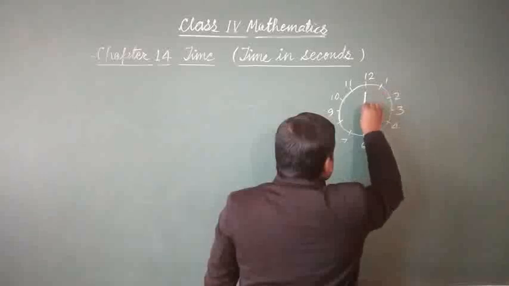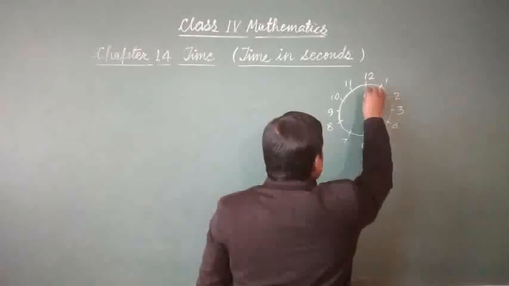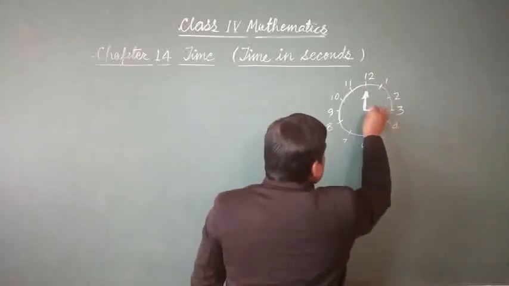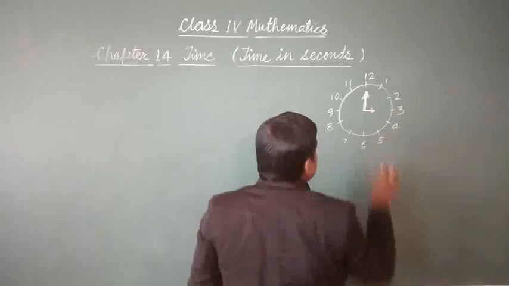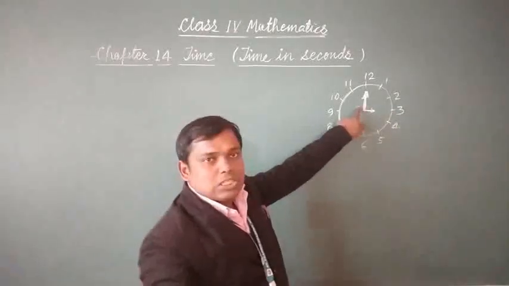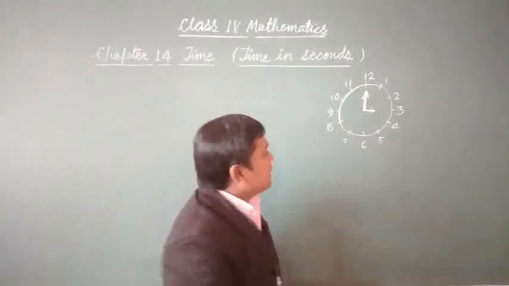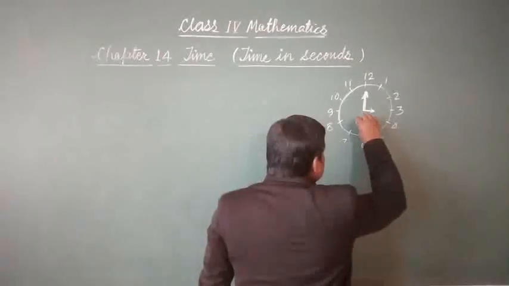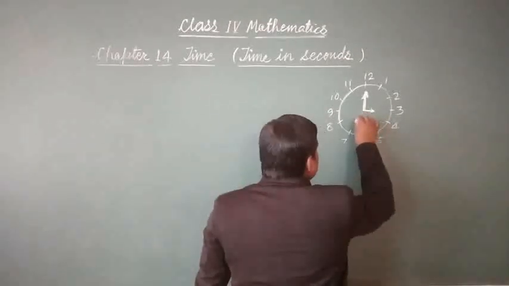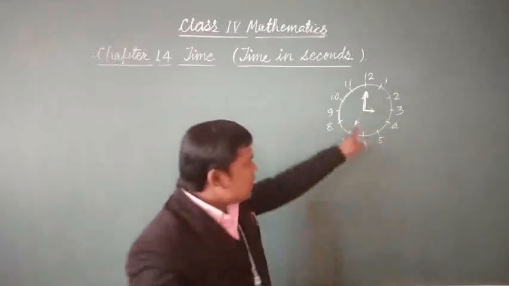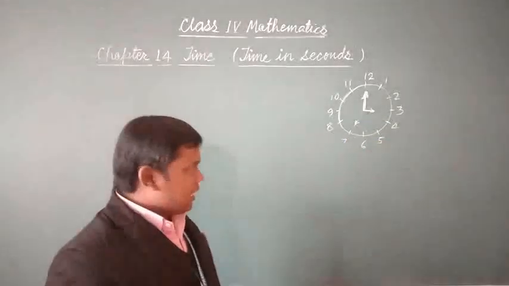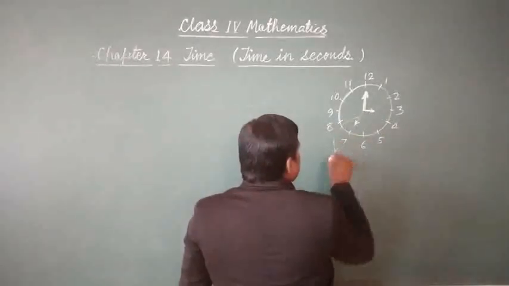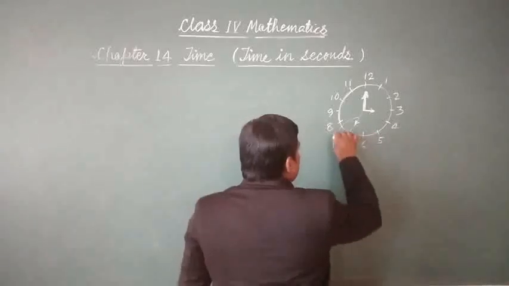Now this is the longest hand and here is the short hand. This short hand is the hour hand and this longer hand is the minute hand. But one more hand is here that is thinner than the other two, and this hand is called the second hand, and this hand moves faster than the minute hand and hour hand.